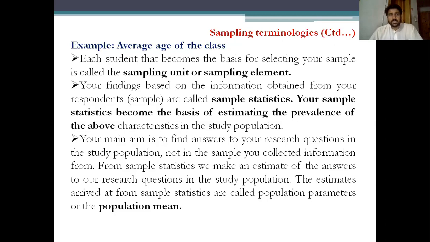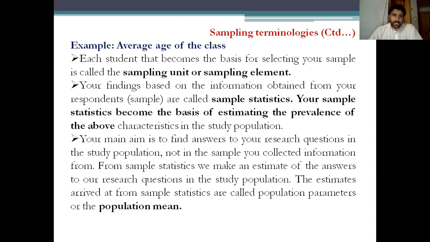Your sample statistics become the basis for estimating the prevalence of the above characteristics in the study population. That is, the average age is your statistics here. And your main aim is to find the answer to your research questions in the study population, not in the sample you collect information from.